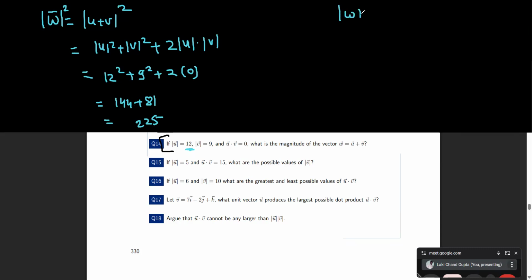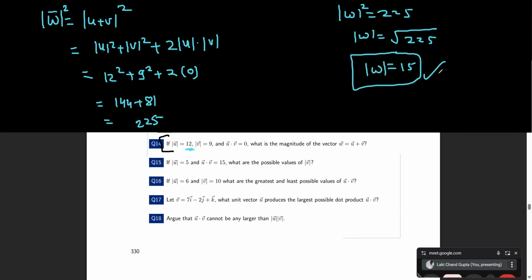So mod w square is 225. So w will be the square root, which is 15. Understood?